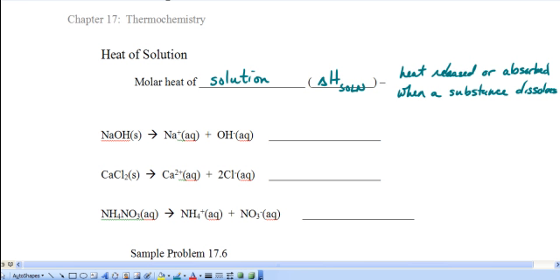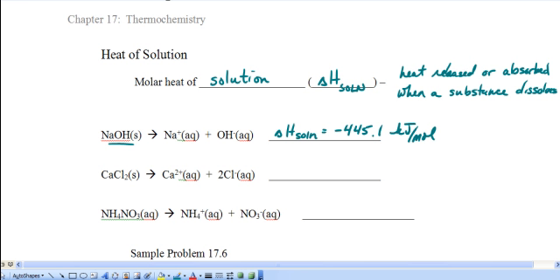And so, for example, if you take sodium hydroxide and you dissolve it in water, it's actually quite exothermic. It heats up quite a bit. And so the delta H of solution is a negative 445.1 kilojoules per mole. It's quite a bit.